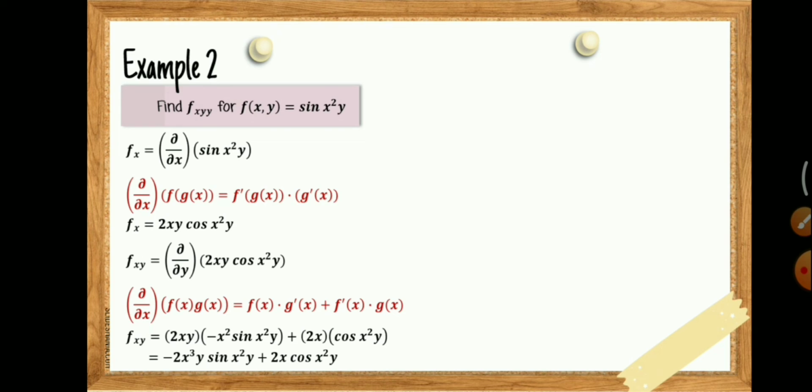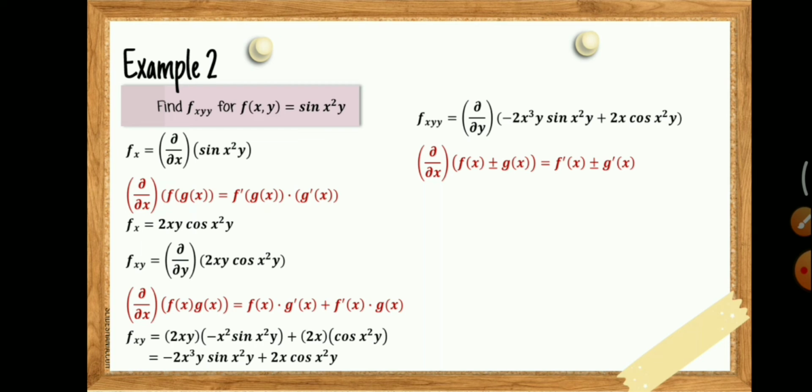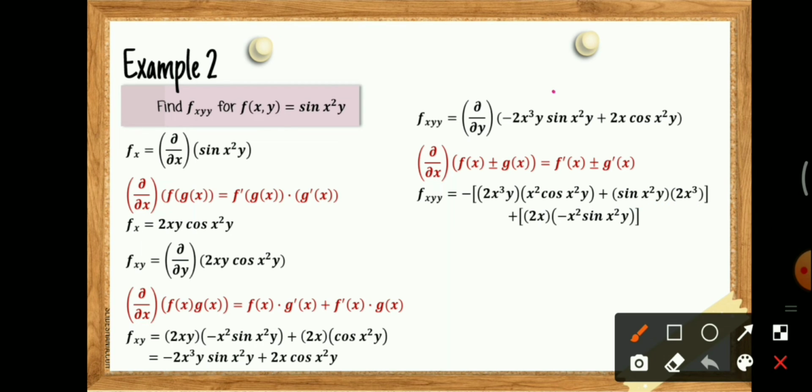And then lastly, we will differentiate this function with respect to y. And in differentiating this function with respect to y, we will be using the sum rule. So we have the first function, f of x, and then the second function, the g of x.